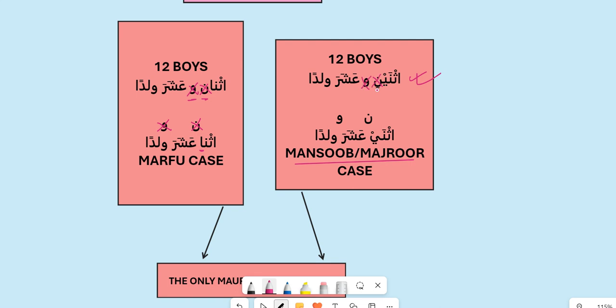Because in Muthanna nouns, in the Afalul Khamsa, and in the Jama Mudhakkar Salim, all these nouns have an extra noon at the end. So basically, this noon is called noon zaida.